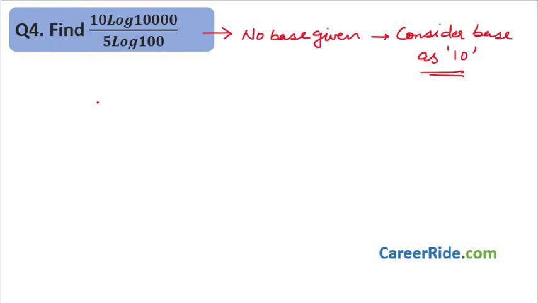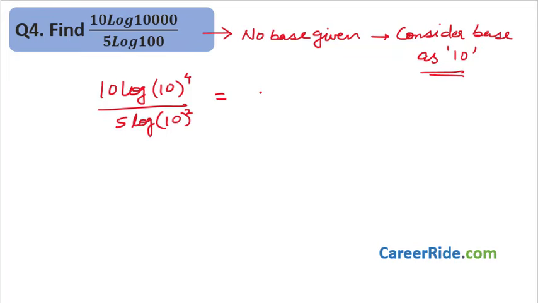Now let us begin to solve this question. It becomes very easy now. Numerator is 10 log 10,000. Can I write it as 10 to the power 4? Yes, I can write it as 10 to the power 4 divided by 5 log 100. Can I write it as 10 square? 100 can be written as 10 square, right?